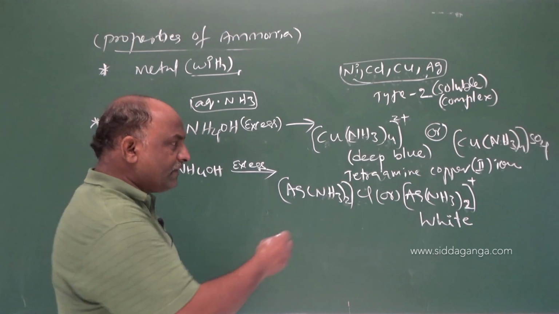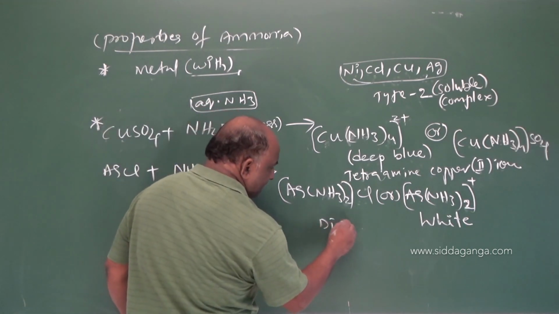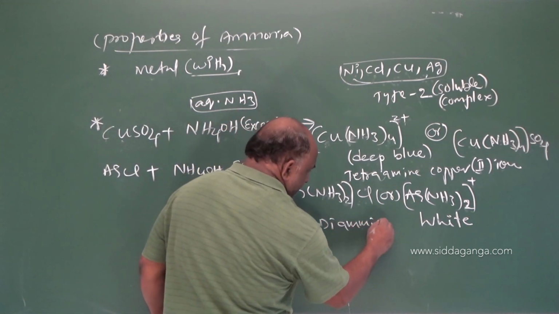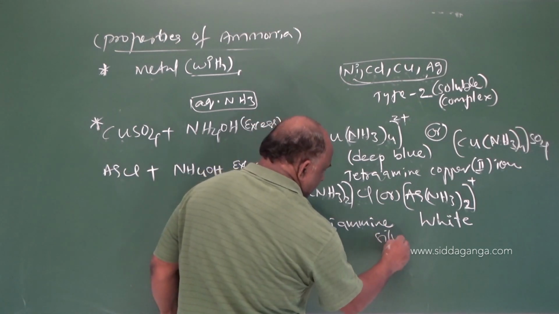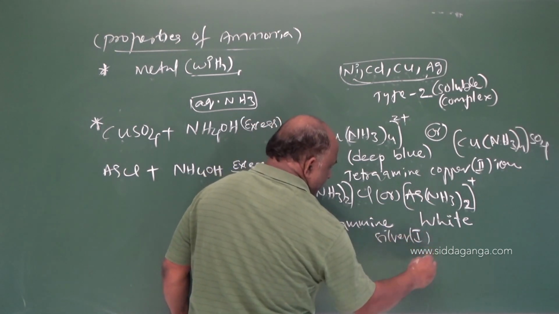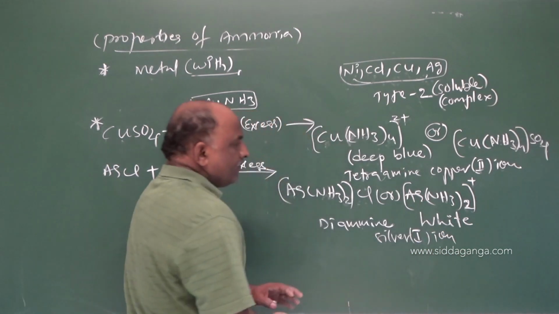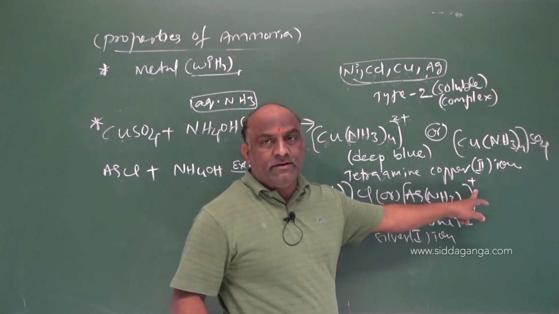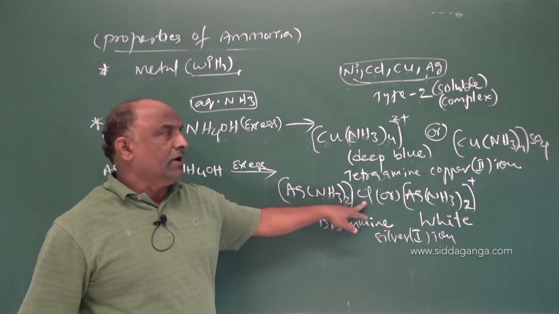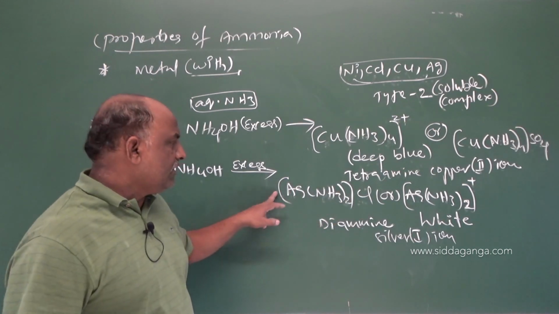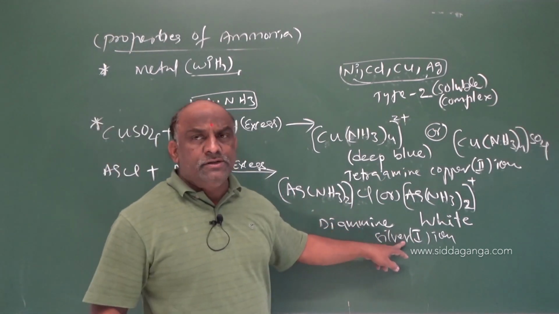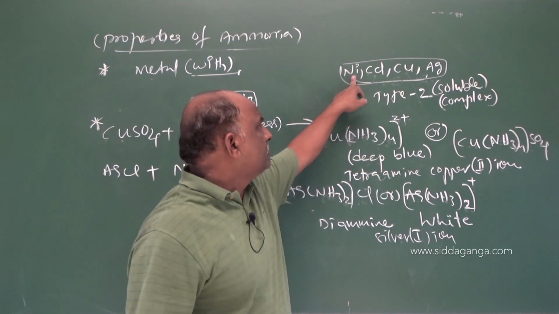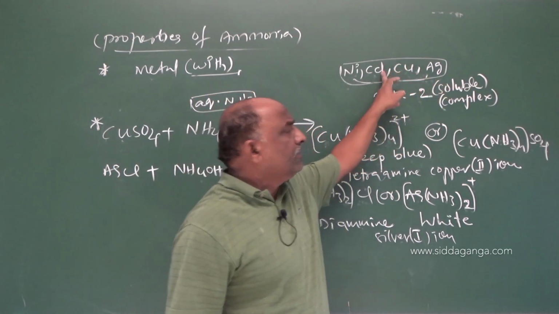We will get this compound, diamine silver 1 ion, or diamine silver 1 chloride. Similarly, the same reactions take place with nickel and cadmium.